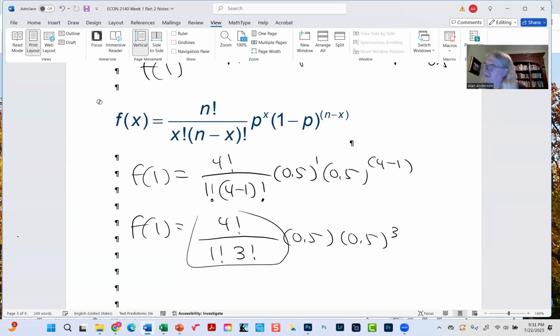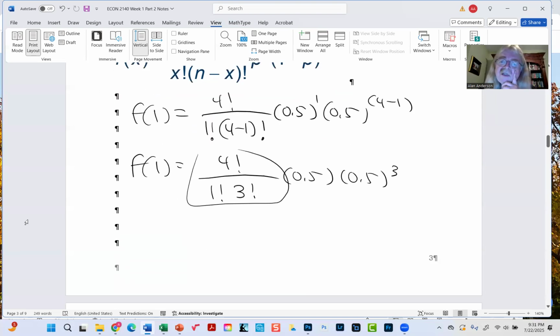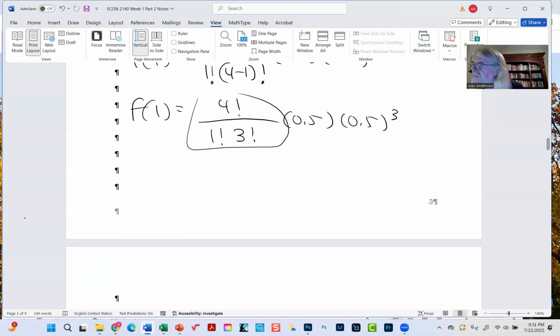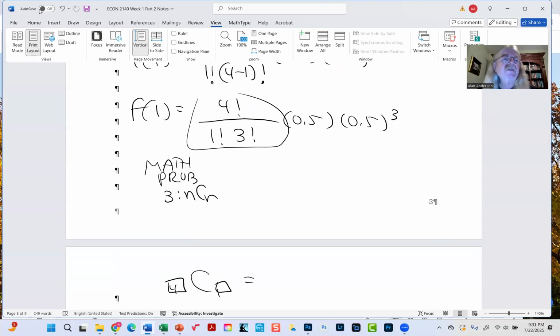So this piece we can get off of our calculator, or we can do it directly, algebraically, but if you do math prob, nCr, this turns out to be 4.